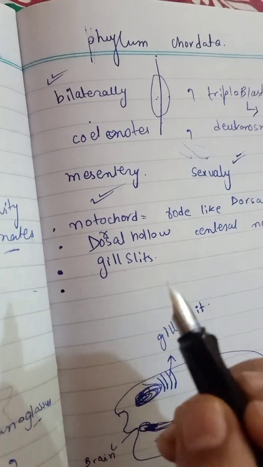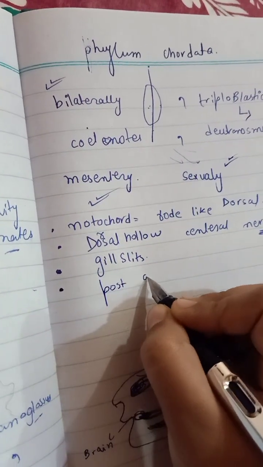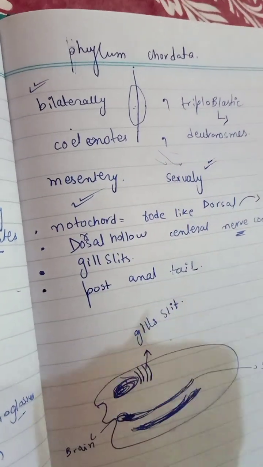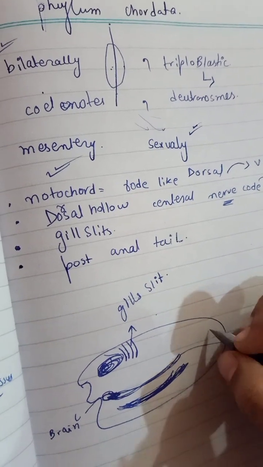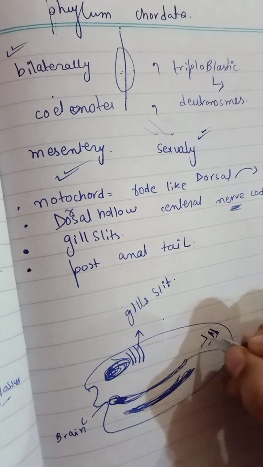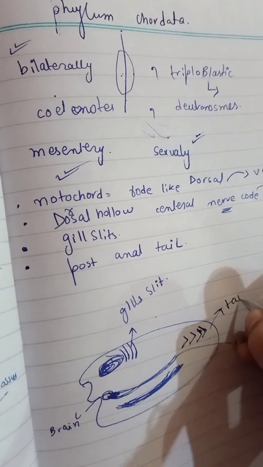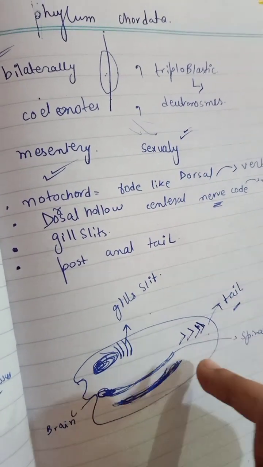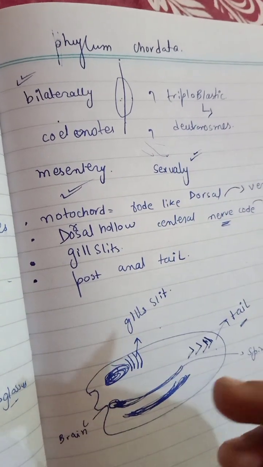The fourth one is the post-anal tail. At the anus side, most chordates have a tail which is posterior to the anus, so it extends beyond the anus.